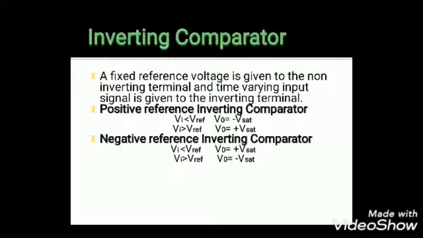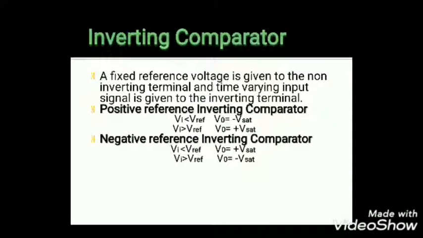Inverting comparator. In this case, a fixed reference voltage is given to the non-inverting terminal and the time varying input signal is given to the inverting terminal. If the positive reference voltage is applied to the non-inverting terminal and the time varying signal is applied to the inverting terminal, then it's known as a positive reference inverting comparator.